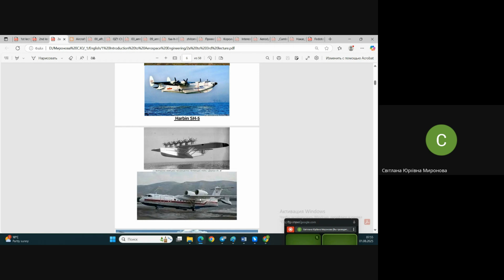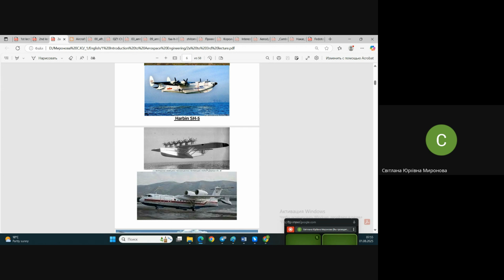Pylons not visible. It's necessary to check whether they joined these pylons to the fuselage or to the wing in another photo. But here we see different types of engine. I think turboprop, I think piston engines, and I think turbojet.